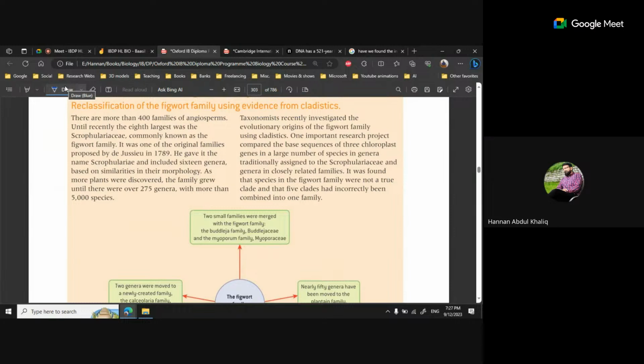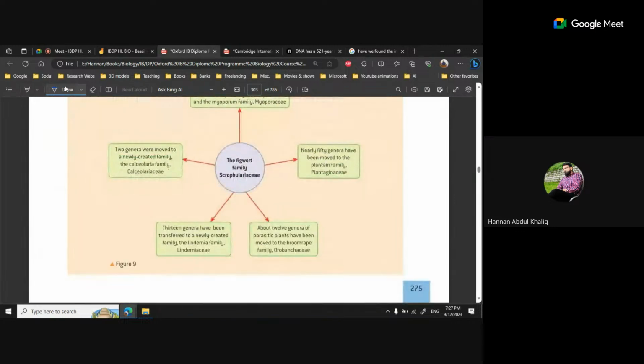Then if a new species is discovered, it becomes much easier to classify the newly discovered organism.